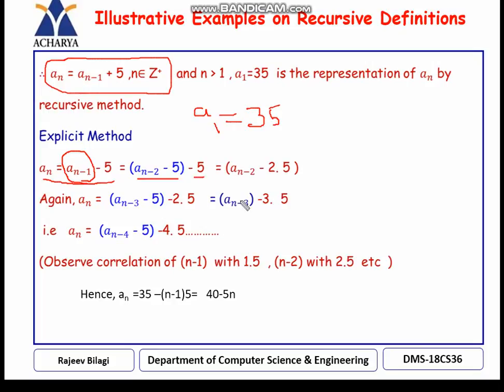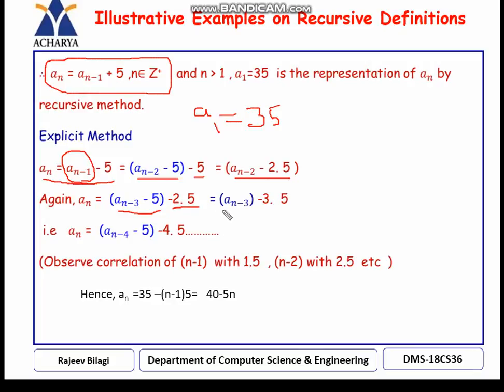Again this an minus 2, I can write as an minus 3 minus 5, and earlier I already have minus 2 times 5.